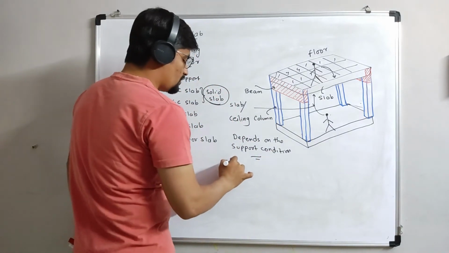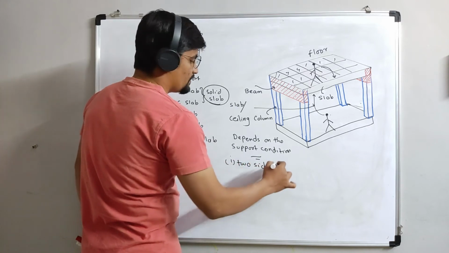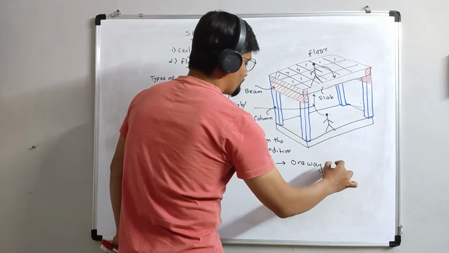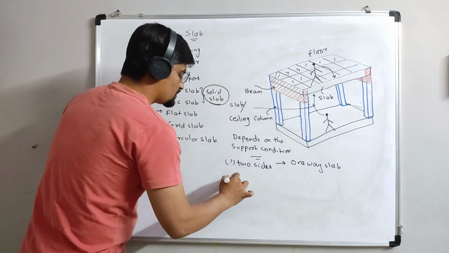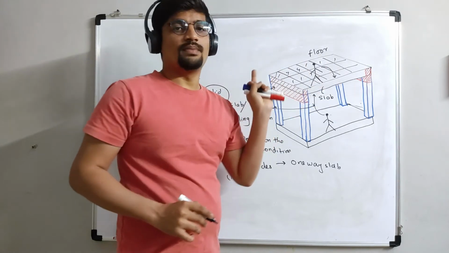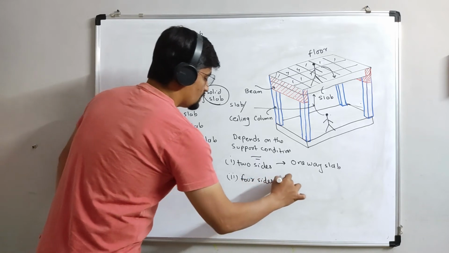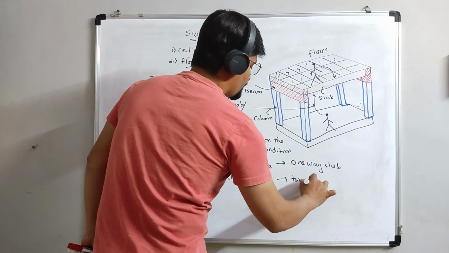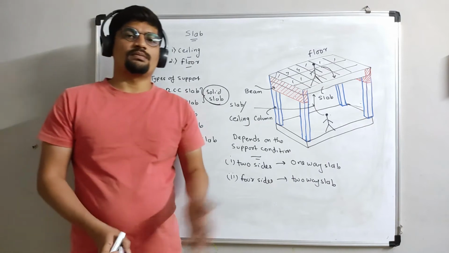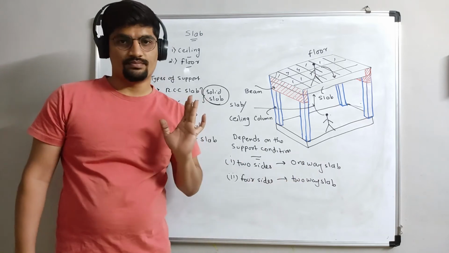So if it is supported on two sides, then it is known as a one-way slab. If it is supported on four sides, meaning the slab is supported on all sides by beams, then it is known as a two-way slab. This depends on the support condition: two sides, one-way slab; four sides, two-way slab.